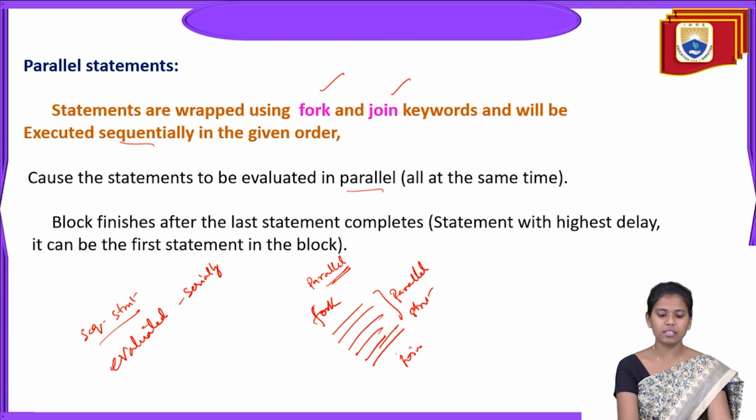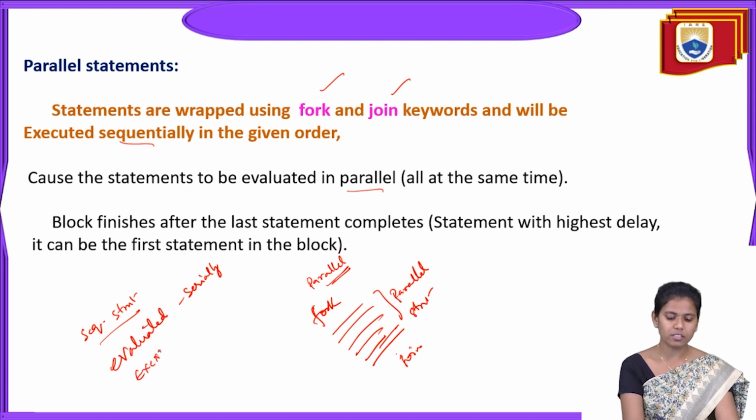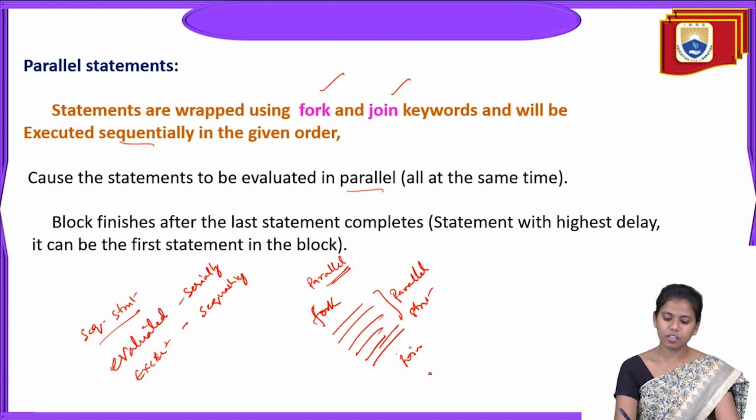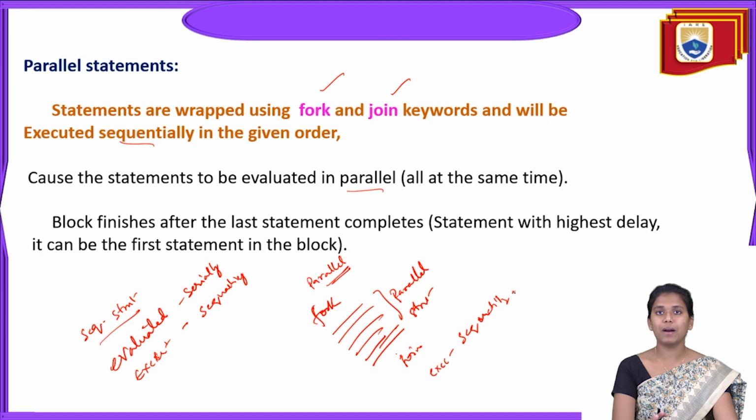But when it comes to execution, the sequential statements execute sequentially, and in the parallel block as well, all the statements are executed sequentially. The execution part goes the same way for both parallel and sequential statements, that is, sequentially all the statements will execute.